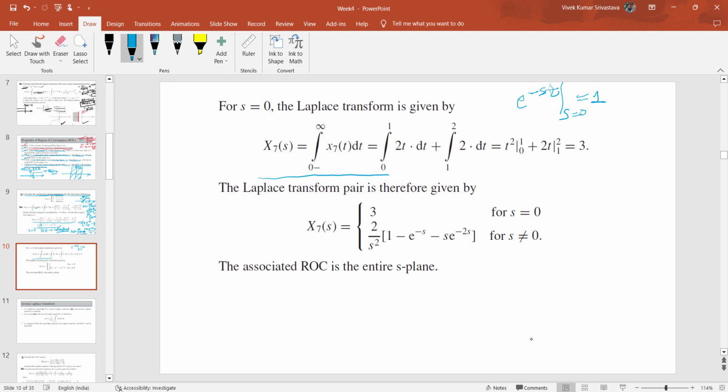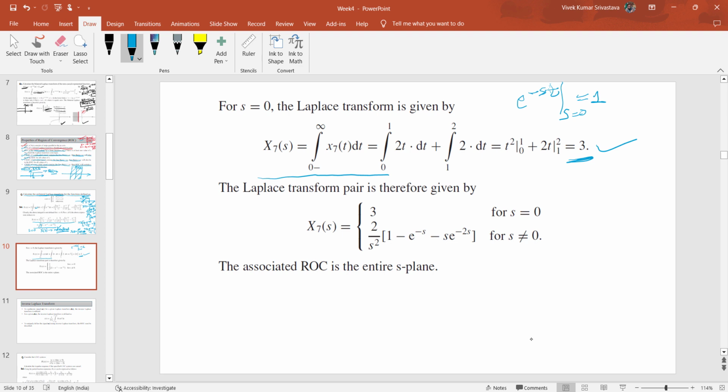So the integral becomes the integral from 0 to infinity of x(t) dt, which you can calculate. Once you calculate this integral, the value you will get at s equals 0 is 3.